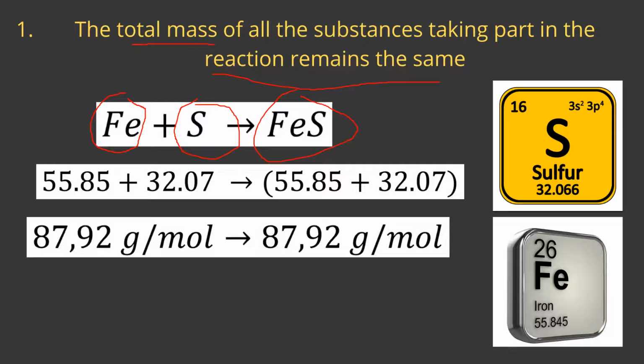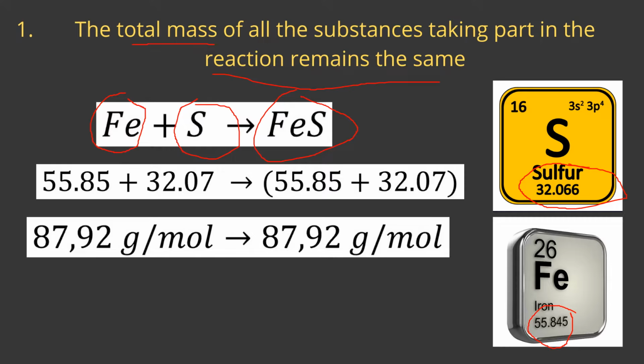So to do that, we use the molar mass of sulfur, which is 32.07, rounded off to 2 decimal places, and also consider the molar mass of iron, which is 55.85, rounded off, right? Good.